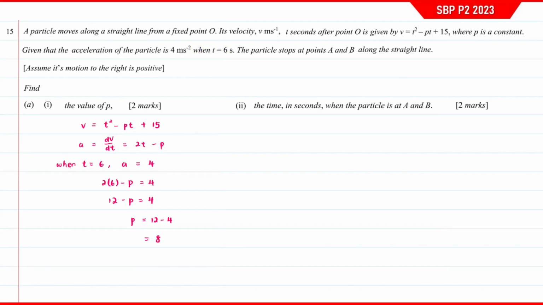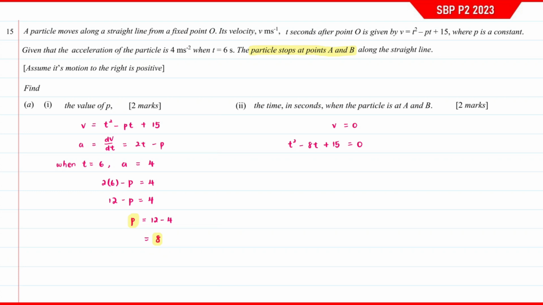Question number 2. Find the times in seconds when the particle is at A and B. Based on the information, the particle stops at points A and B, which means the velocity of the particle at points A and B is equal to 0. In question A1, we already found that p is equal to 8. Therefore, the equation of the velocity will be t squared minus 8t plus 15 is equal to 0.